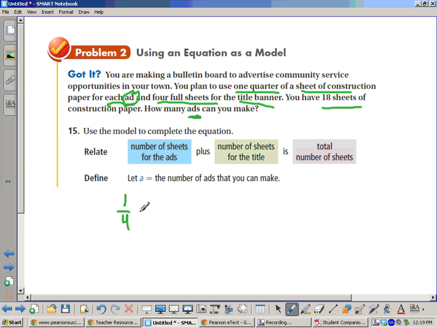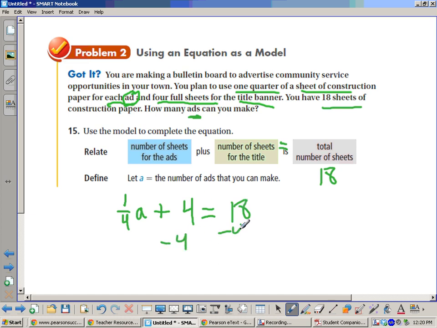So the A goes with that, 1/4 for each ad. Plus, we're going to add, because we're having additional sheets, 4 sheets for the banner. Is just means equals. And then our total number of sheets was 18. They told us that. So we get 1/4 A for the ad plus the 4 total for the banner equals 18.